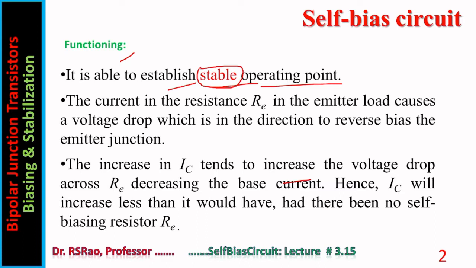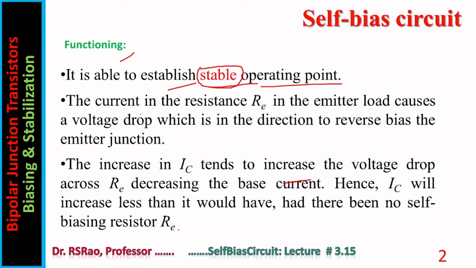Other biasing arrangements are also able to establish the operating point at a desired location, but the speciality of this circuit is, in addition to establishing the operating point, it also makes it stable, preventing the operating point from drifting.